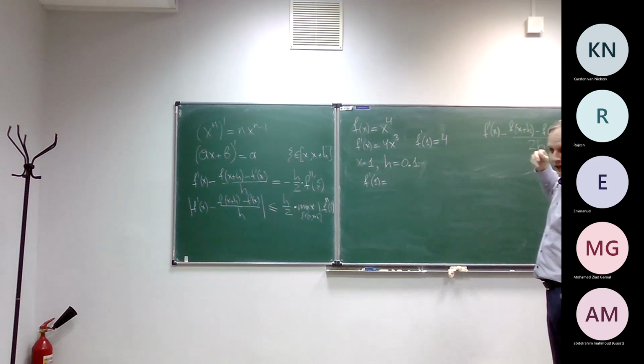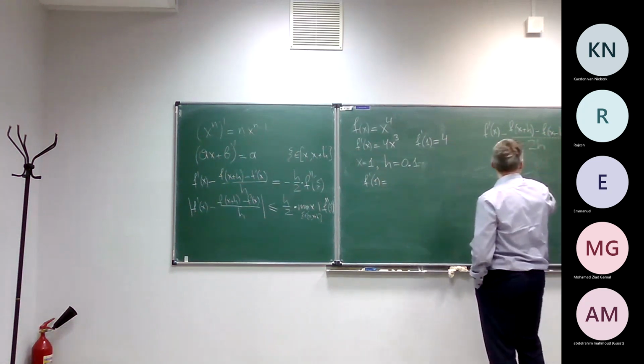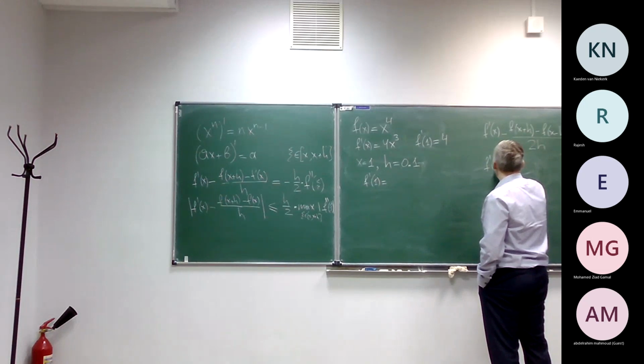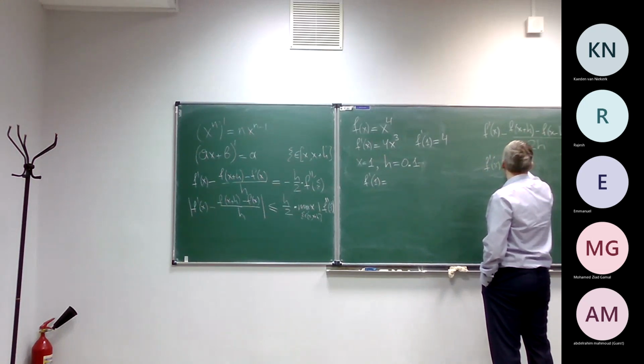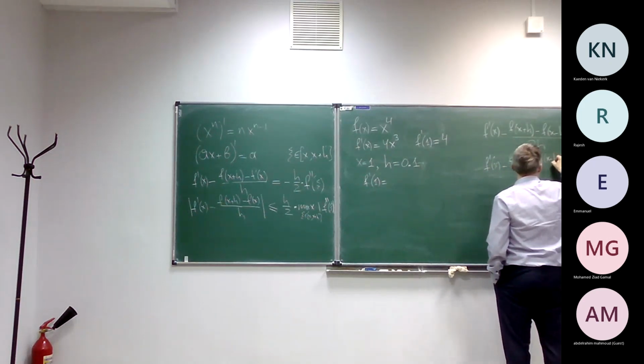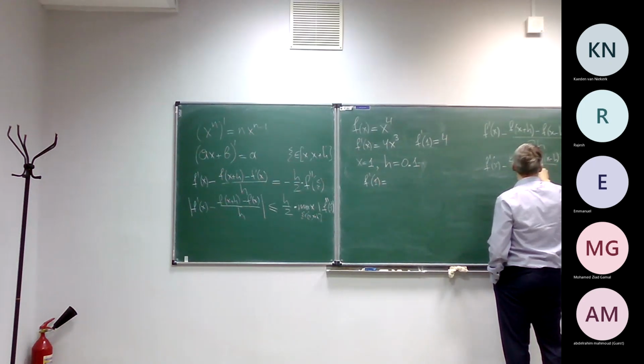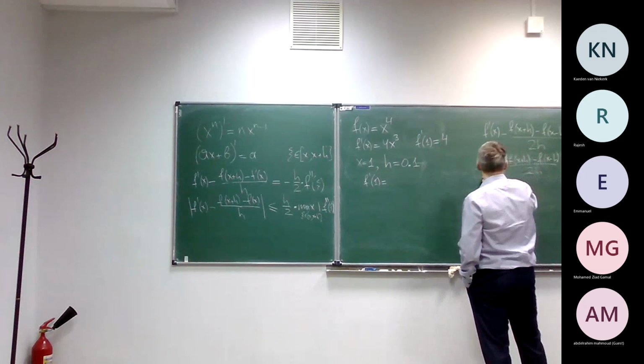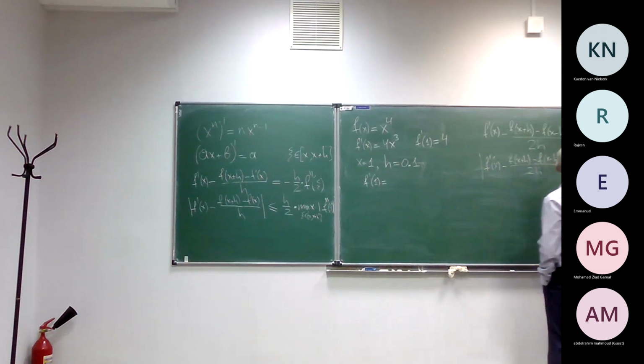And if I try to find the upper bound for the error, I can write the modulus of f prime of x minus f of x plus h minus f of x minus h over 2h is less than or equal to h squared over 6 times the maximum of the modulus of the third derivative f of c, where c is between x minus h and x plus h.